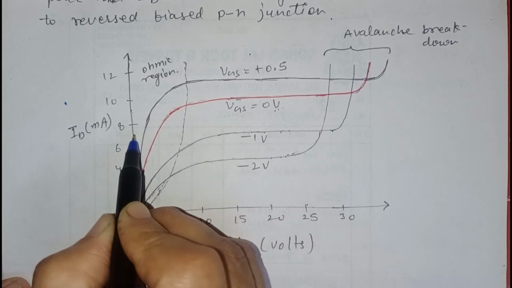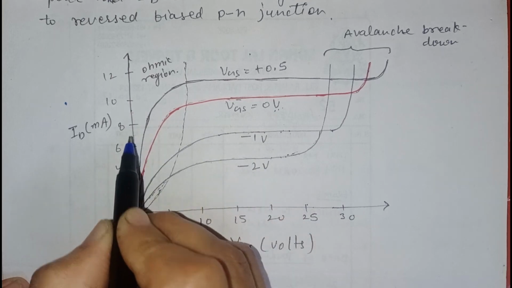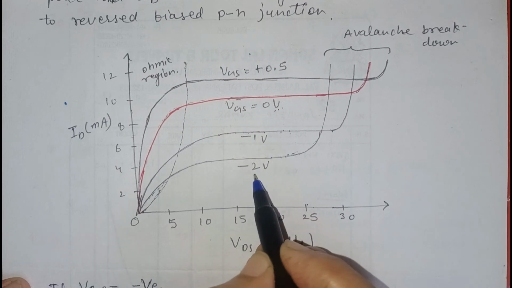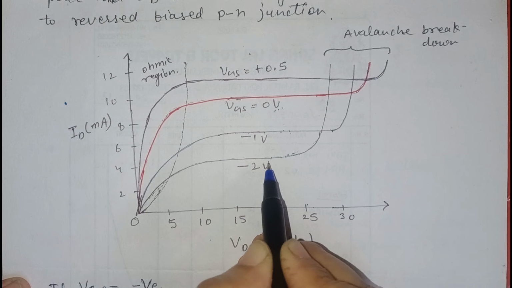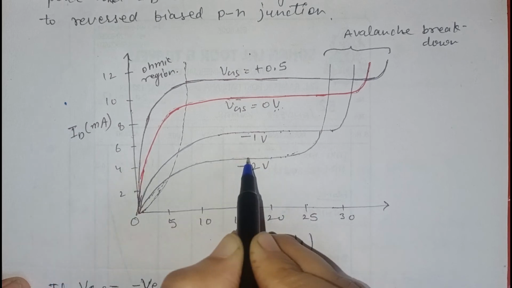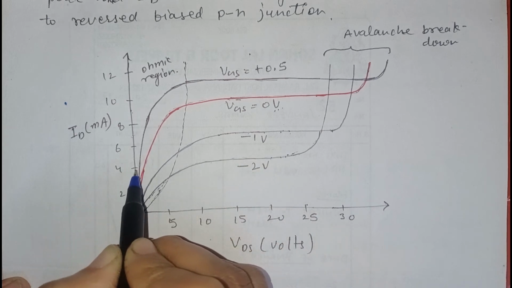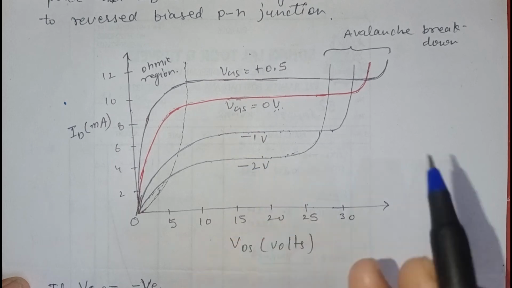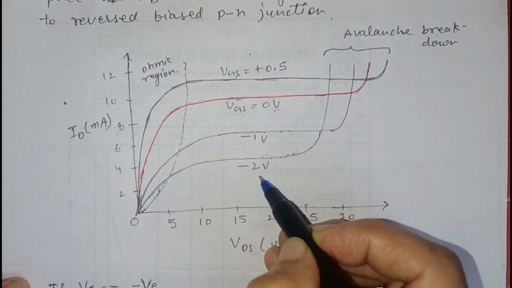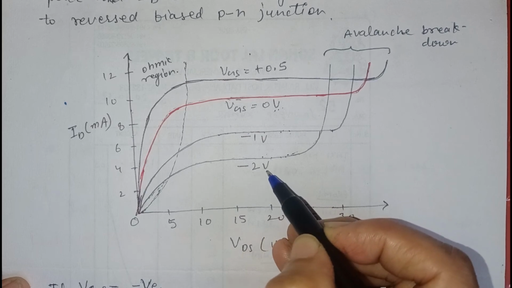The range of the drain current is now almost 7, and if we apply more negative bias at the gate, this range is shifted more downward, it becomes 4. So the range of constant drain current also decreases if we increase the negative bias at the gate.